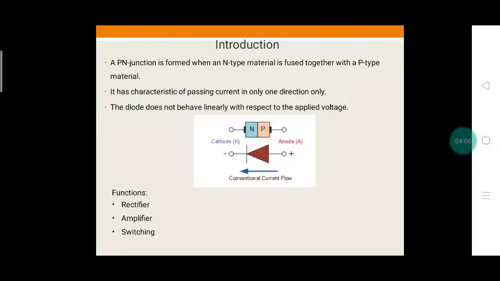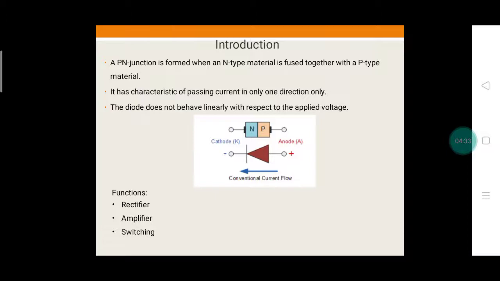N-type semiconductors are those which have negative charge carriers in large extent; the majority charge carriers are electrons in n-type materials, and the majority charge carriers are holes in p-type materials. A diode has the characteristic of passing current only in one direction.